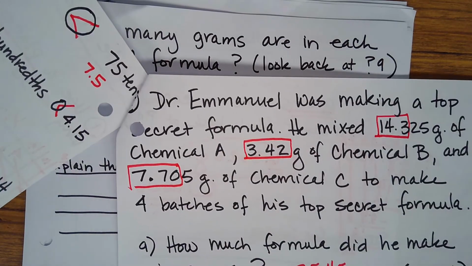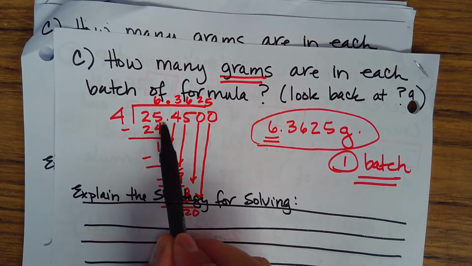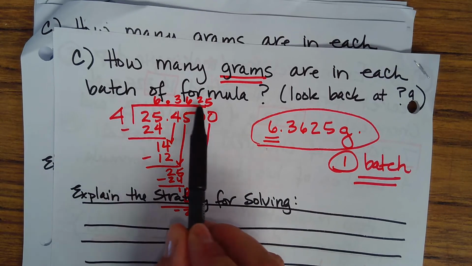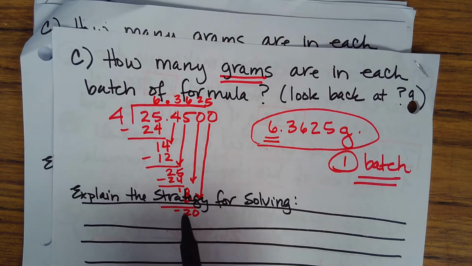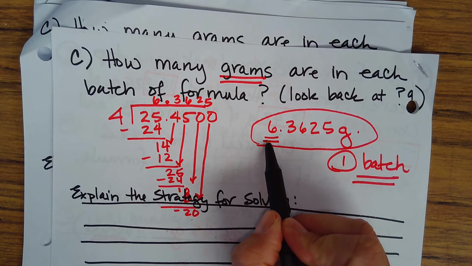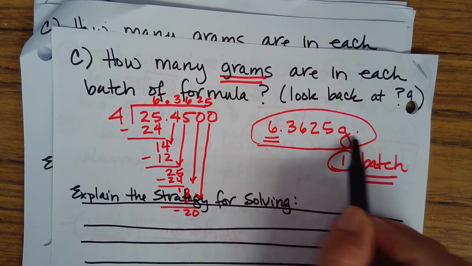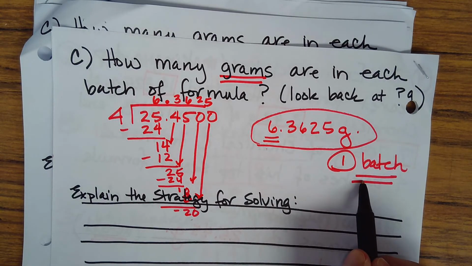That's where I got my 4 from. 25.45 divided by 4. I'm going to go through the process and pull it all the way out. So in each batch, it's 6.3625 grams in one batch.